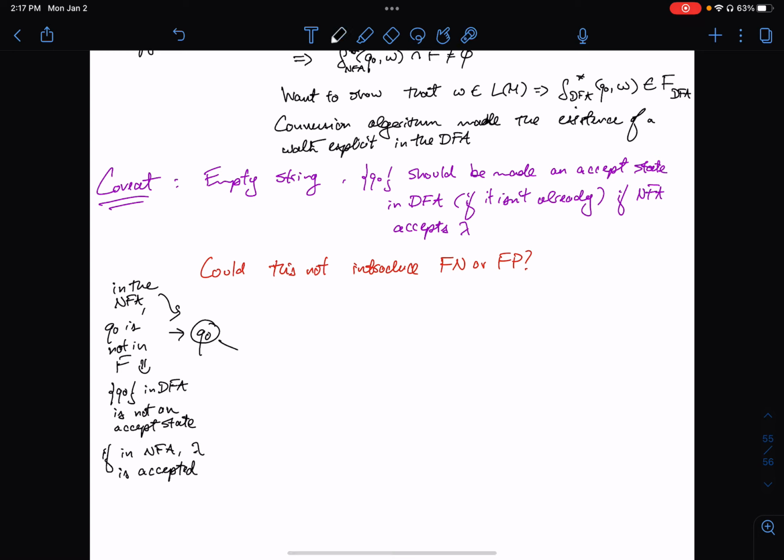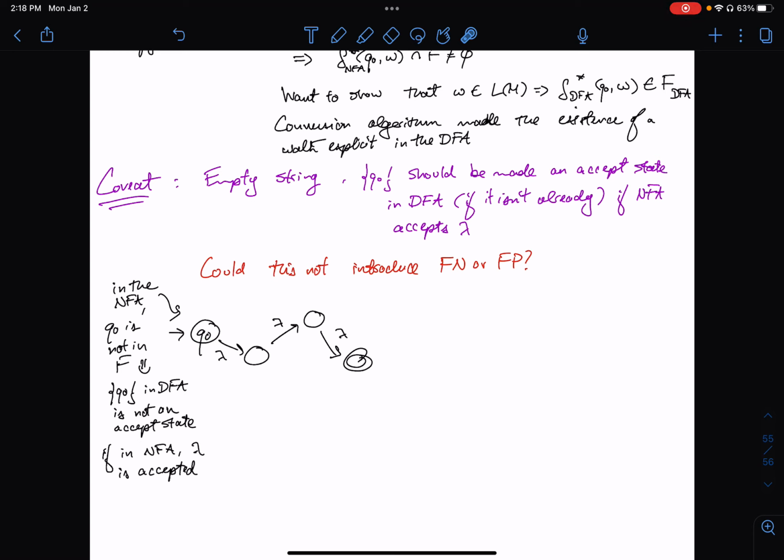So with a free transition, with a lambda transition, there's a path that gets you to the final state. If this happens, then lambda is accepted by the NFA, and at that point in the conversion algorithm, you should make the start state in your DFA a final state as well, even though it's not a final state in Q0.